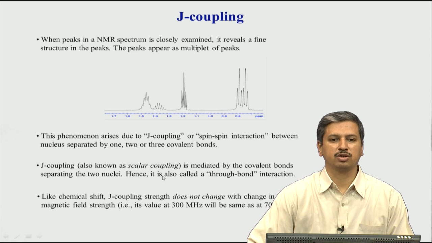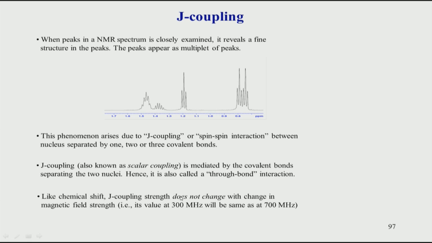J coupling is also known as scalar coupling or through-bond interaction, and like chemical shift, J coupling does not change with the magnetic field. For example, if I measure the J coupling between 2 atoms at a 300 megahertz spectrometer as, let us say, 10 hertz, that value will be the same at a higher magnetic field. That value does not depend on the magnetic field.